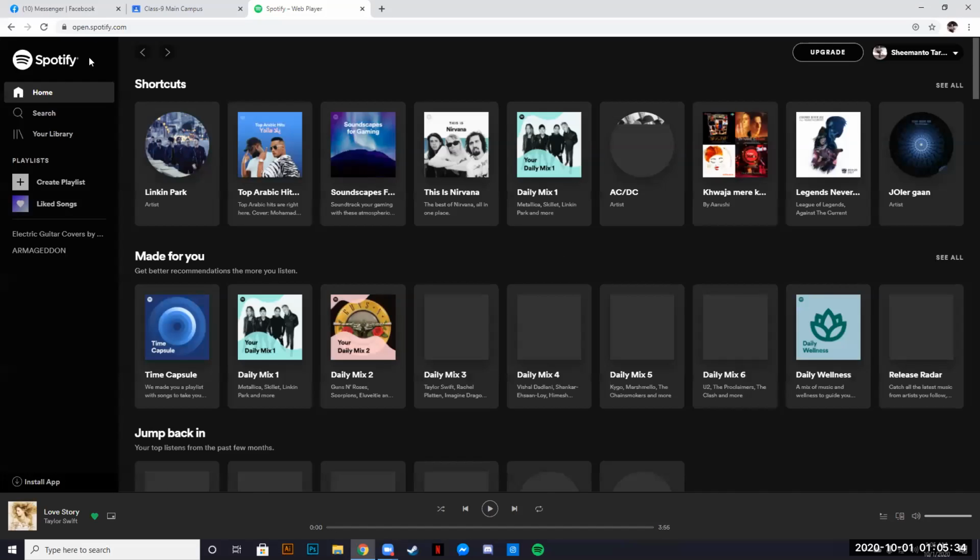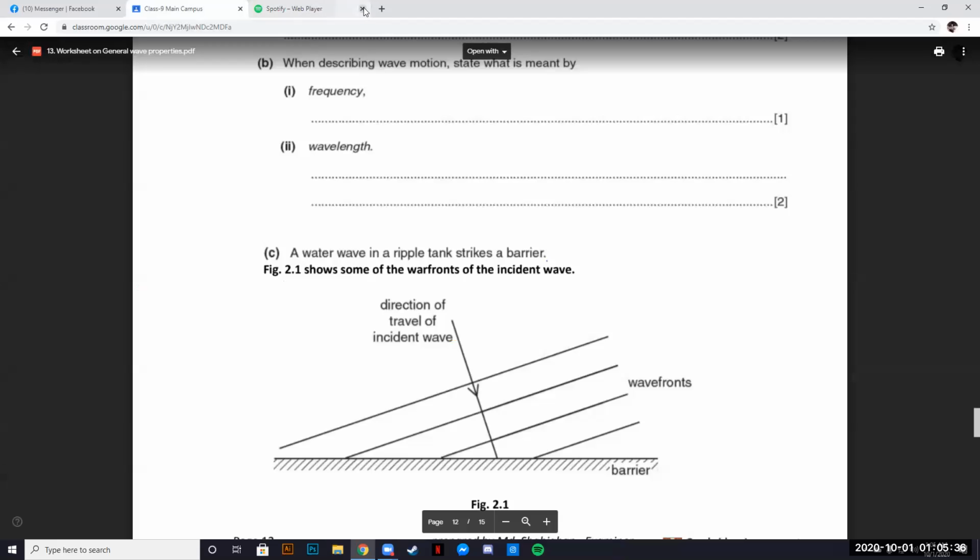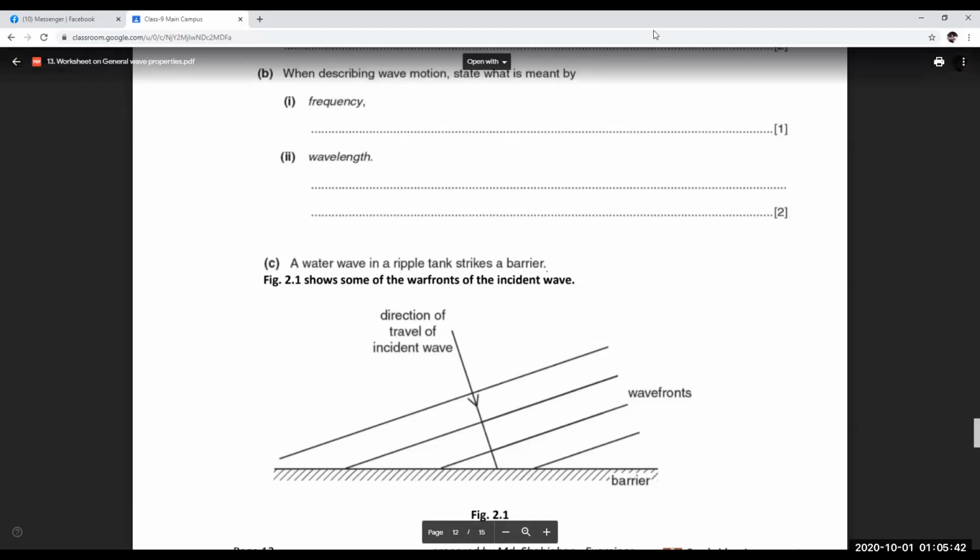Wavelength, Shimanto, where are you? Wavelength, right. Okay, Saad, you tell the definition of wavelength. It is the amount of wave distance moved per second, that is frequency. Wavelength is the distance from crest to crest or trough to trough.